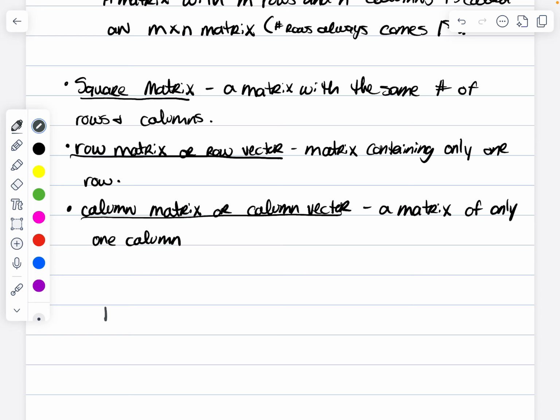Let's say we have a matrix, we call it A, and we see -3, 5, 2, 0, 5, -1. Since it has 3 rows and 2 columns, we would call this a 3 by 2 matrix.